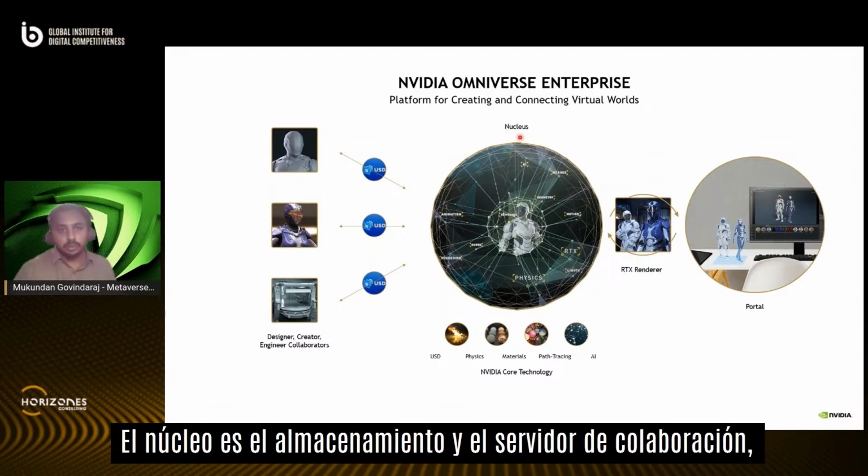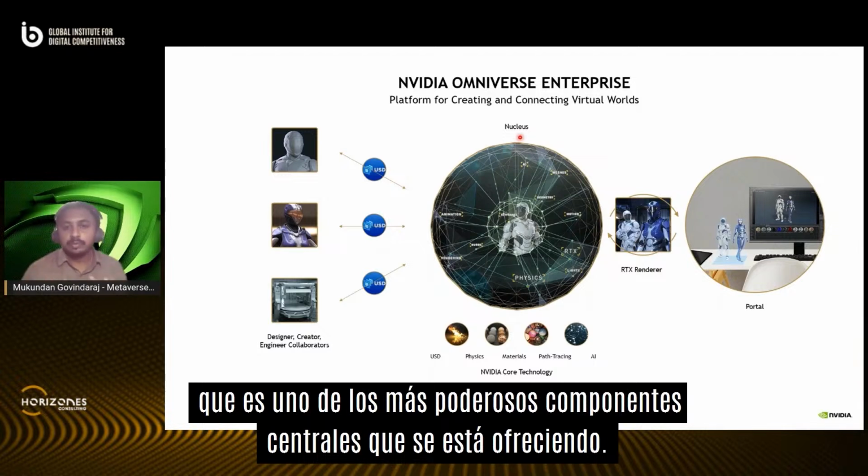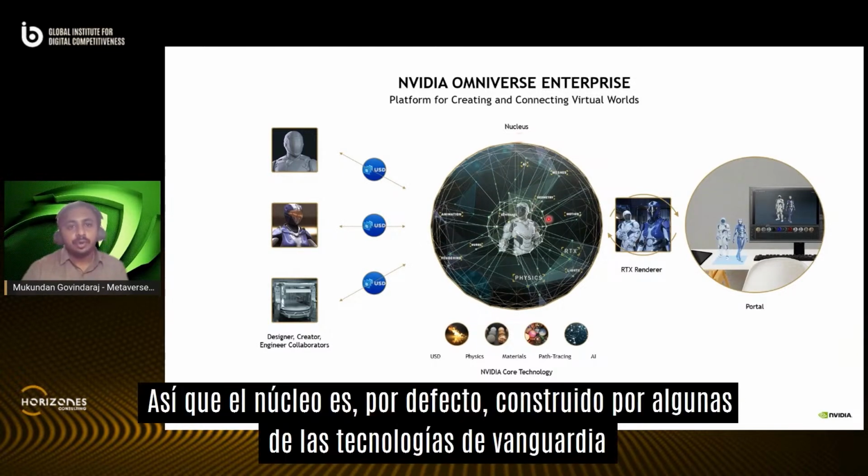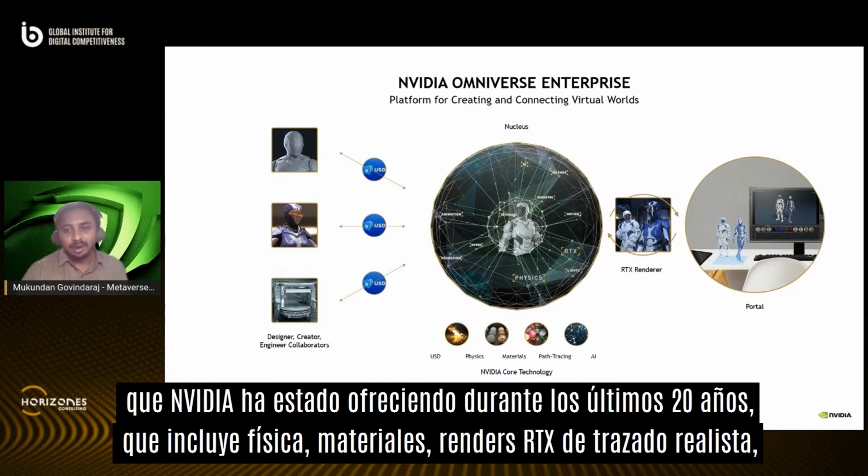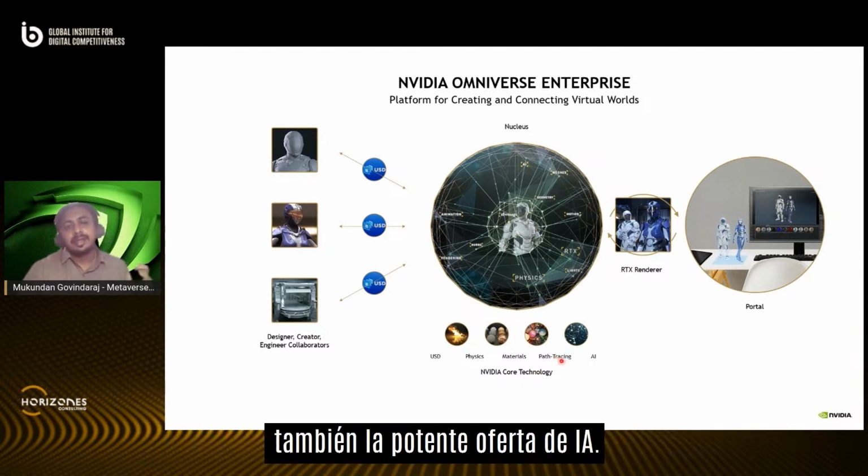Nucleus is our storage and collaboration server, and one of the most powerful core components of the Omniverse offering. Nucleus is built on some of the path-breaking technologies which NVIDIA has been offering for the last 20 years, which includes physics, materials, realistic path tracing RTX renders, and also the powerful AI offering.